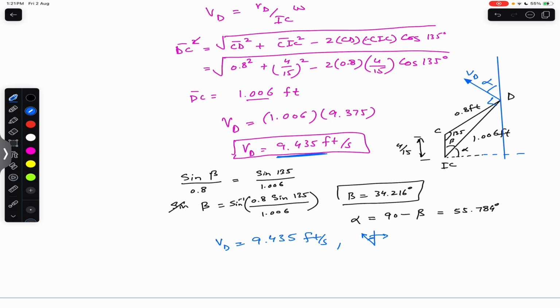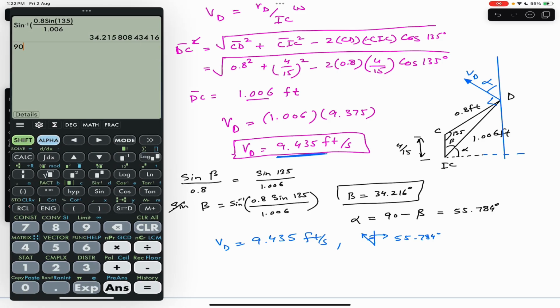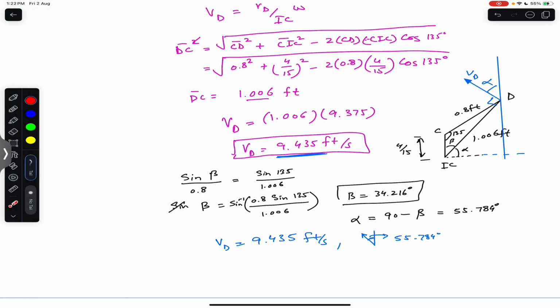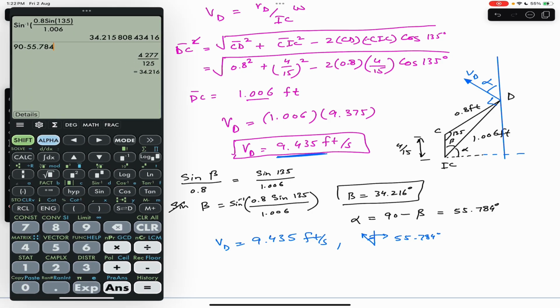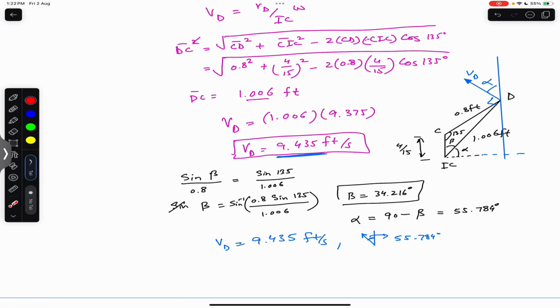And let's say if the problem statement asks us to find the angle with the horizontal, then this angle will be 90 minus alpha, so 90 minus 55.784. With the horizontal, it is making a 34.22 degree angle. So VD has a magnitude of 9.435, and it is making 55.784 degrees with the vertical, or 34.216 degrees with the horizontal.